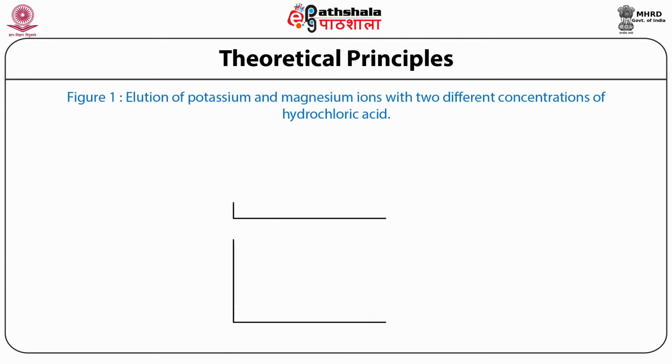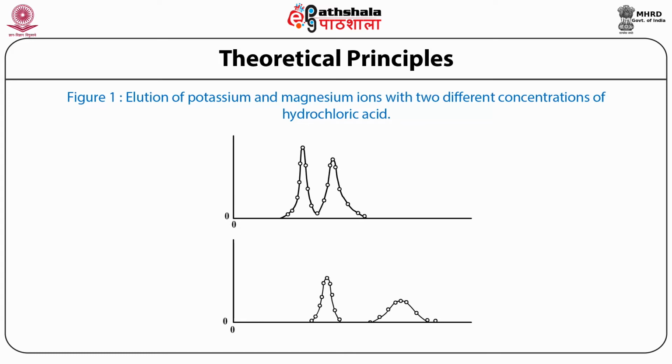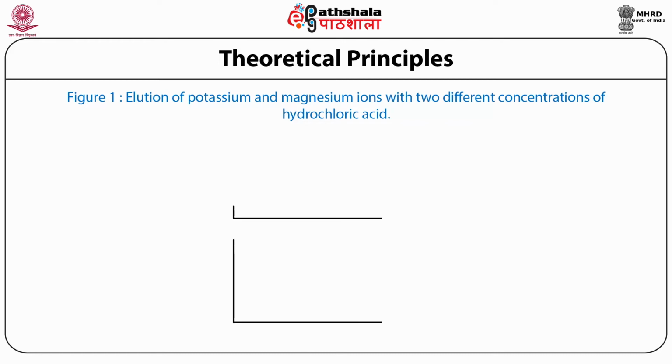Separation of potassium and magnesium is taking place. Here, in place of A plus and B plus, the potassium and magnesium ions are being separated, which are very difficult to separate by other techniques.